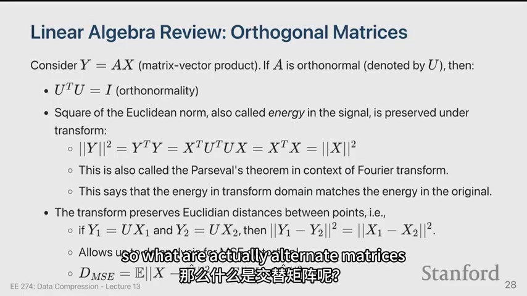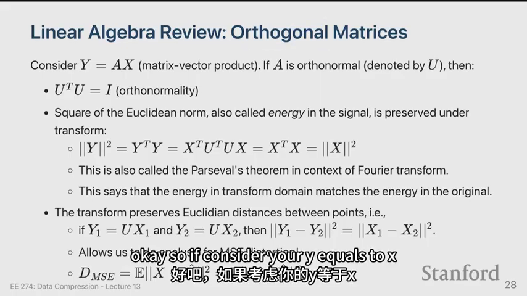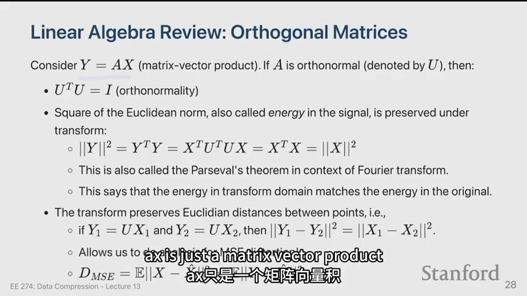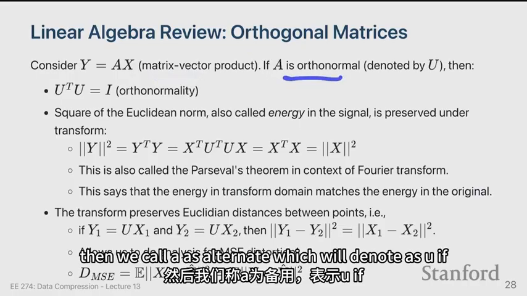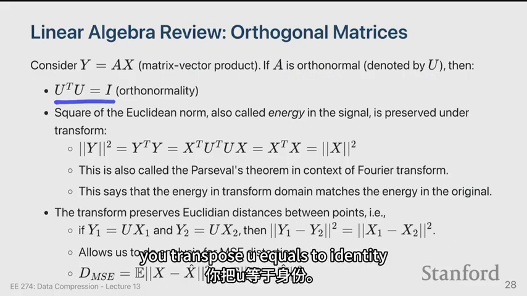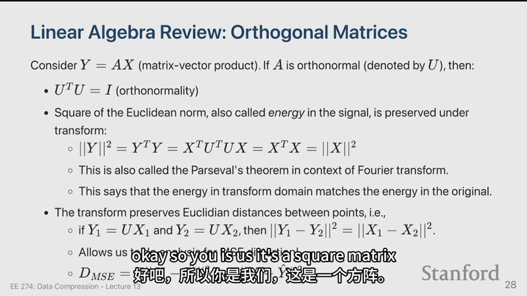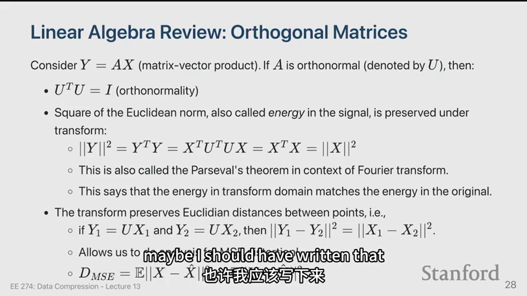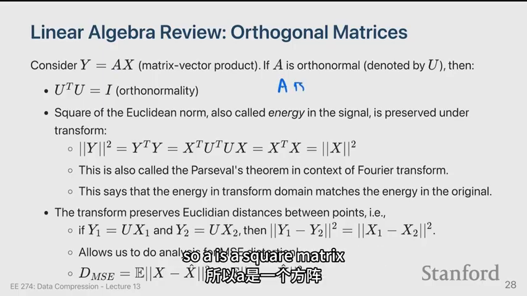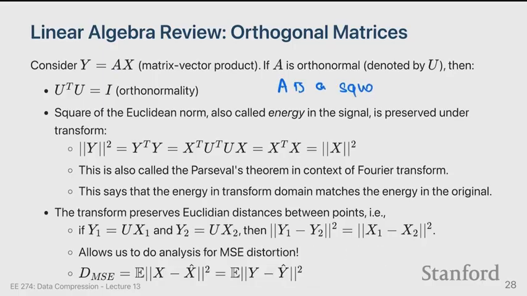Okay, so what are orthonormal matrices? Consider y equals Ax, just a matrix-vector product. Then we call A orthonormal, which we will denote as U, if U transpose U equals identity. So U is a square matrix. Maybe I should have written that.